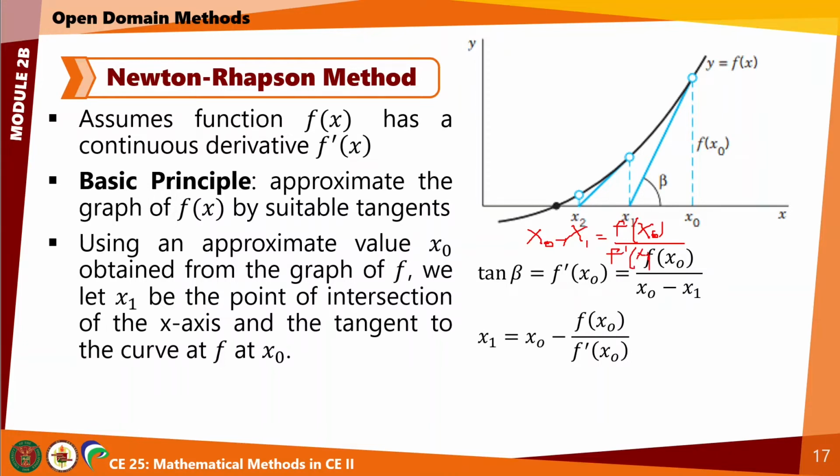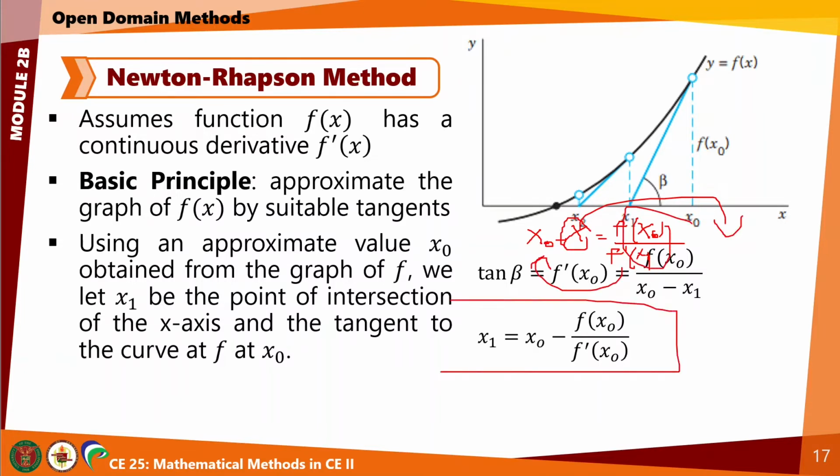Okay. Lipat natin yung x sub 1 sa kabila, then lipat natin to sa kabila. We'll be left with this equation: x sub 1 equals x sub 0 minus f of x sub 0 over f prime of x sub 0.